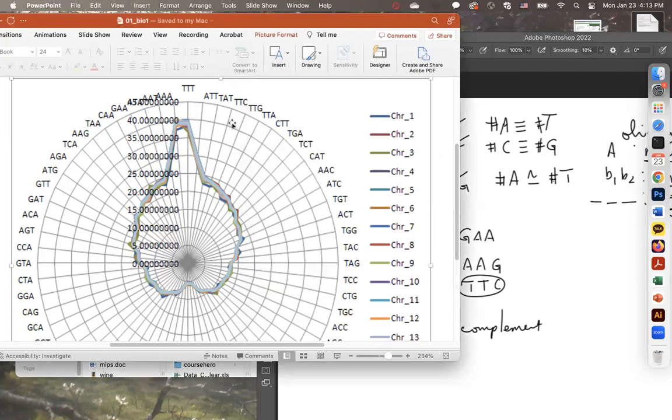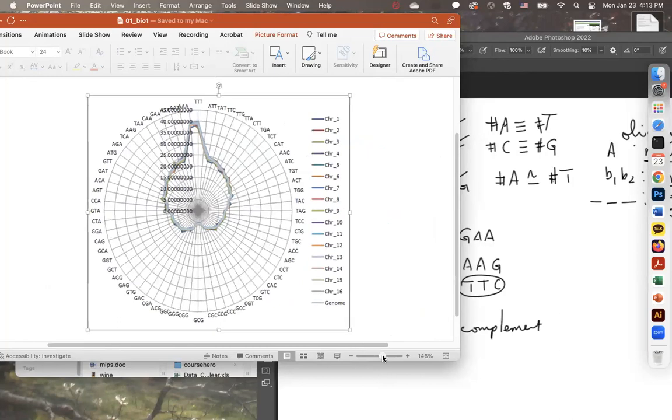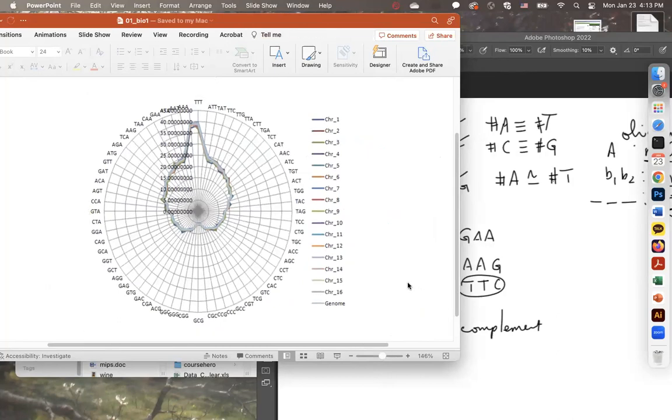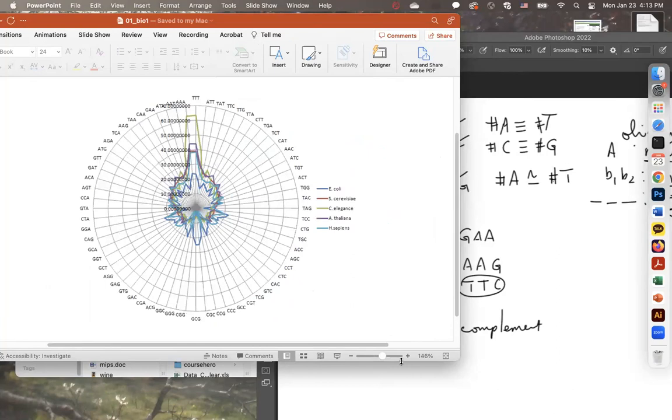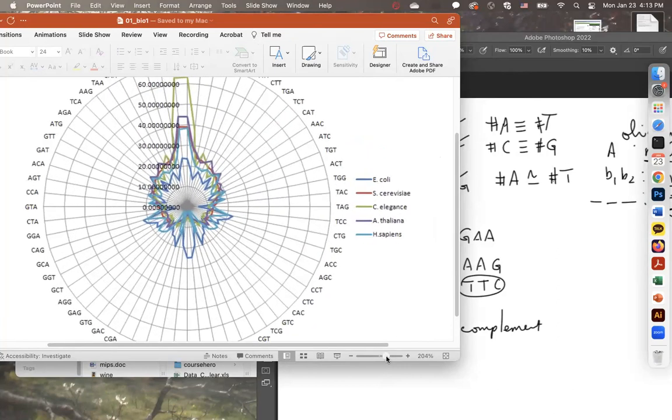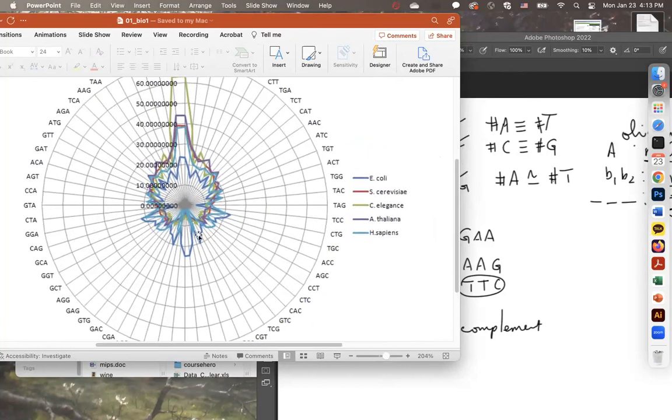And that is also true for other organisms. So we had, which one was it? The yeast, we don't have that. So the E. coli has this dark green shape. So it's more evenly spaced. And humans are the light blue. So I think this one is human, right?